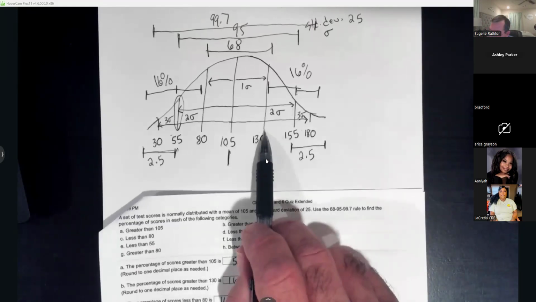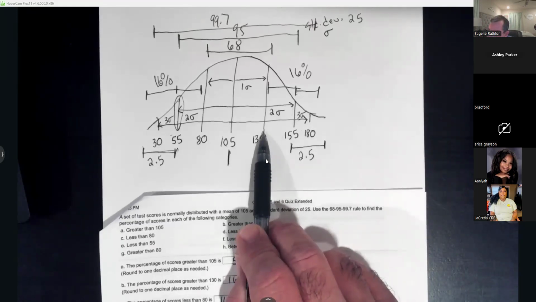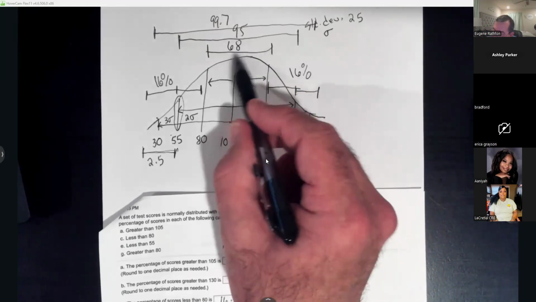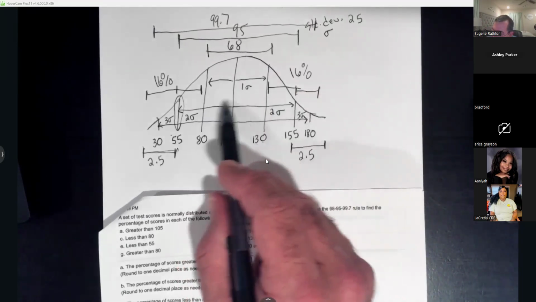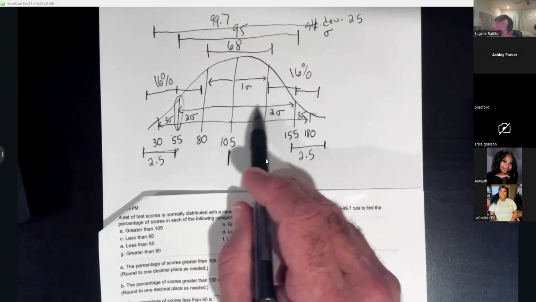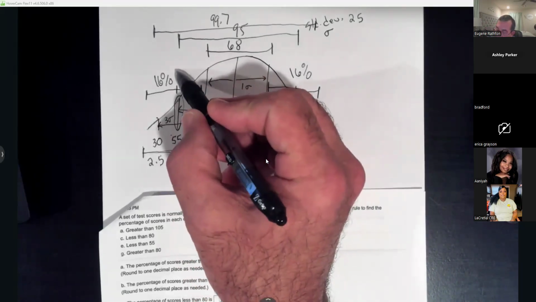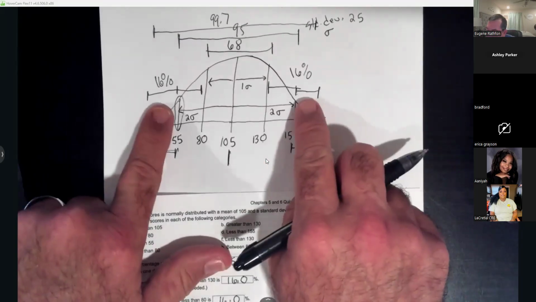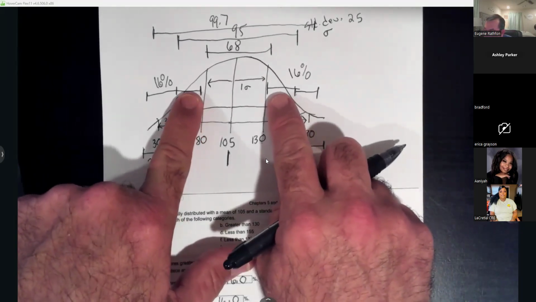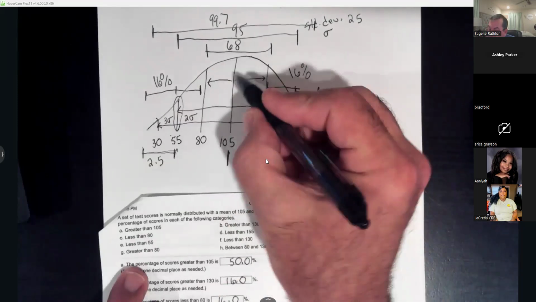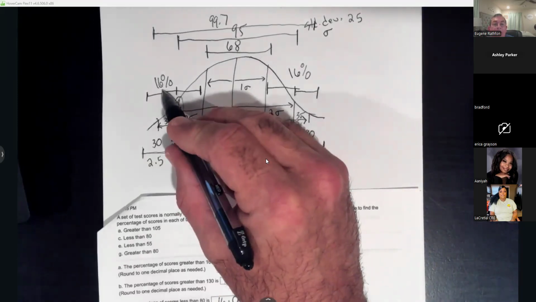So let's find 130 right here. We know this is 68% in between these two spots. While ago we figured from one deviation to the ends was 16% each. So we would take this 68, add to that 16, and get 84.